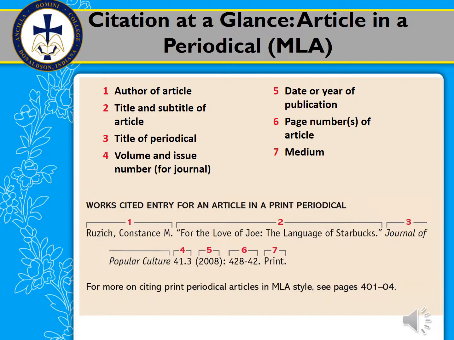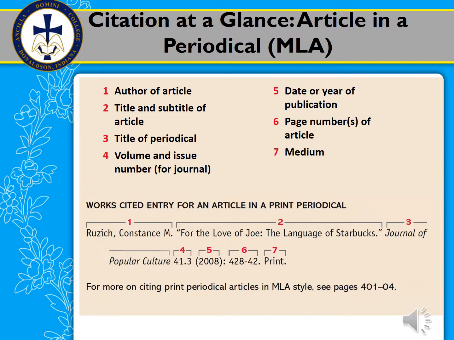So you put there. Then you put your article name in quotation marks, and then you would put the journal name there, number 3, and that's like the books, that's actually italicized. And then that next number, 41.3, that's the volume and issue number for the journal.